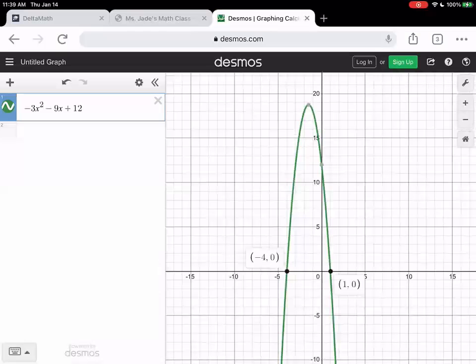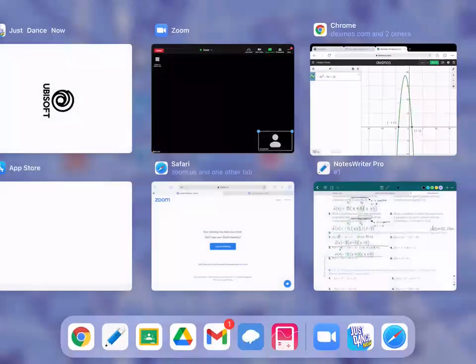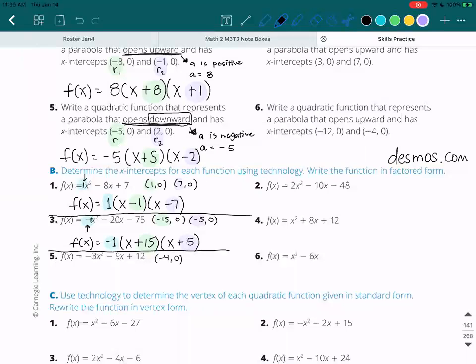All right, let's go write this down on our skills practice. So we had -4, 0 and +1, 0. Okay, and then I also want us to figure out what is our a value. So what number do you see in front of the x squared? 3.